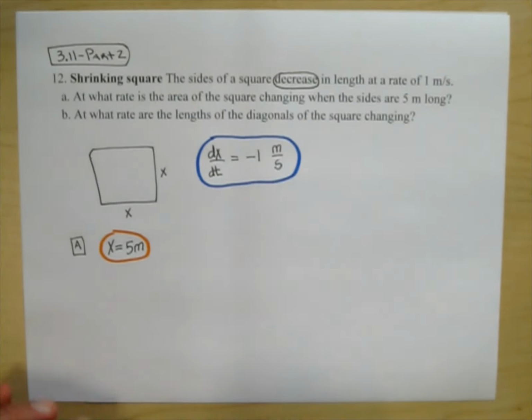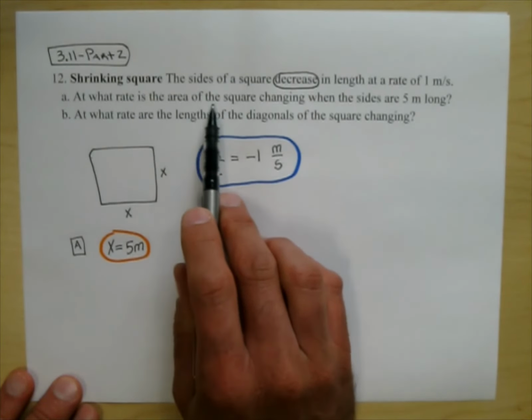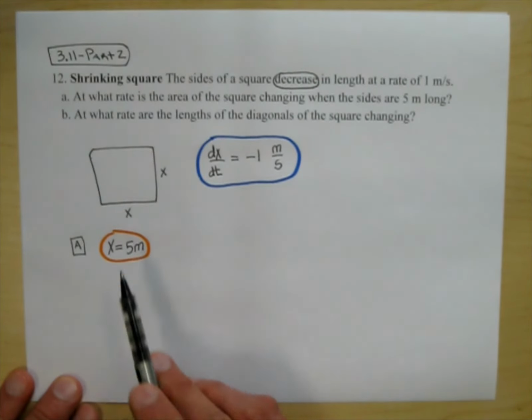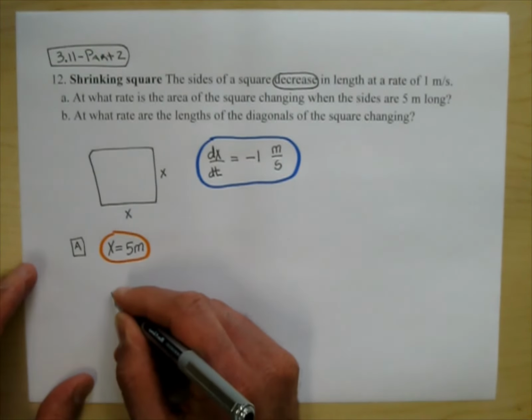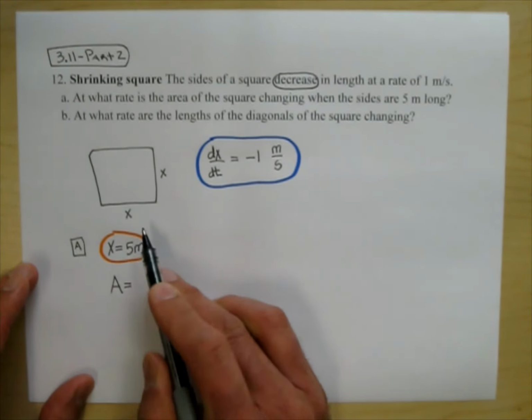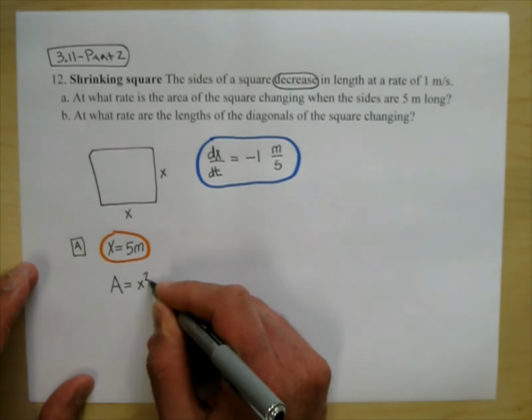We'll make it blue. And so we need a formula that has the area of the square. So can we come up with a formula for the area of the square? And it is area equals side times side, or side squared. And the sides are x, so x squared.